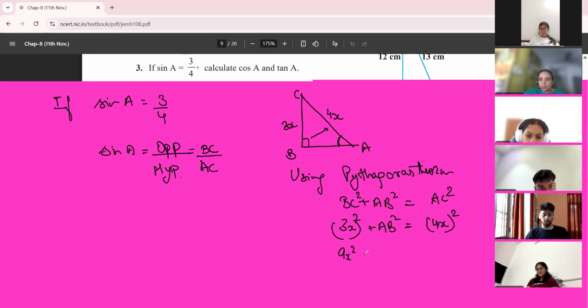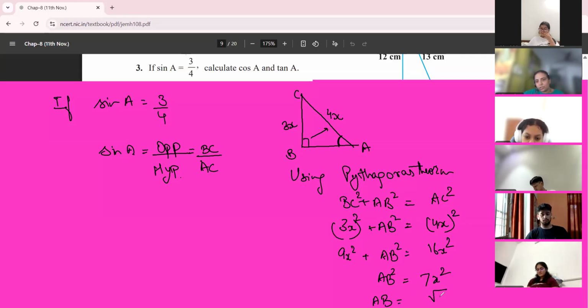So that is 9x square plus AB square is equal to 16x square. So AB square is 16x square minus 9x square, which is 7x square. So that means AB will be under root 7x. Right or not? Clear or not? This is under root 7x. Write it in color, this we have found out now.